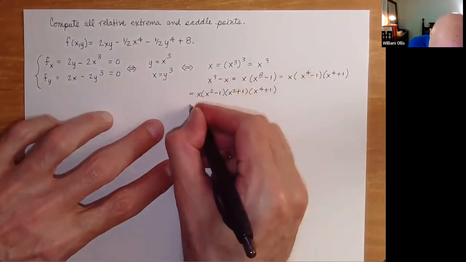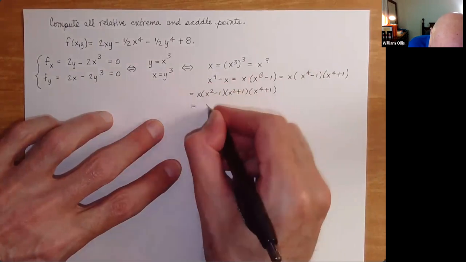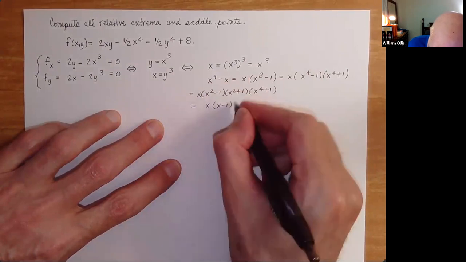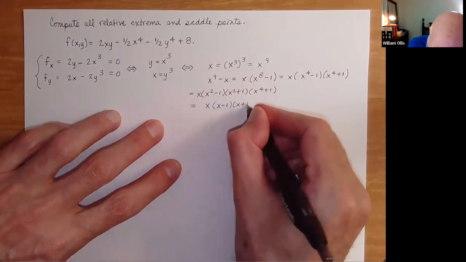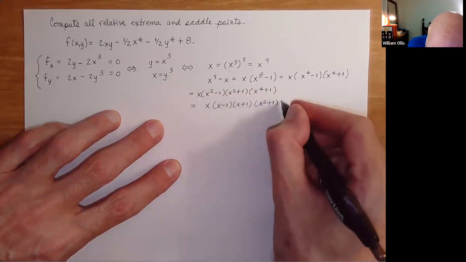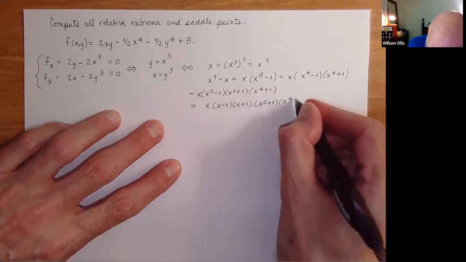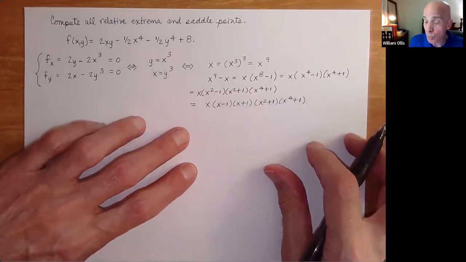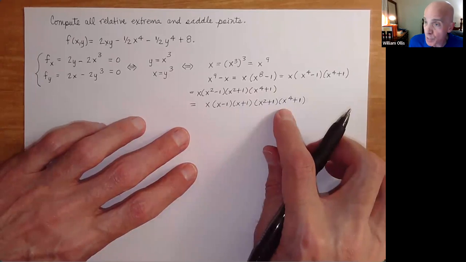Go ahead and factor. So we're doing a real factorization. x minus 1, x plus 1, and then the remaining factors that only have imaginary zeros. Again, these are not unimportant. It's just that we're doing calculus of real variables, so they're not important to us for this problem.